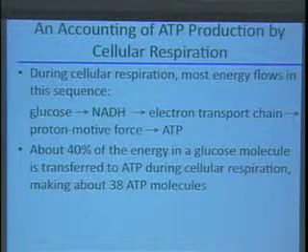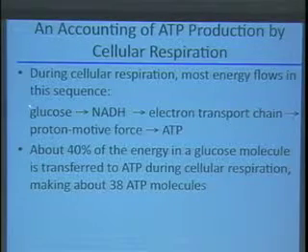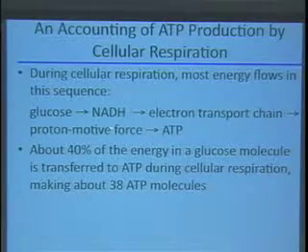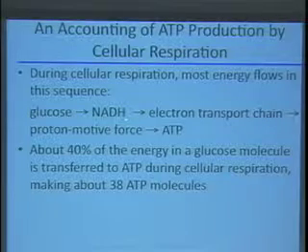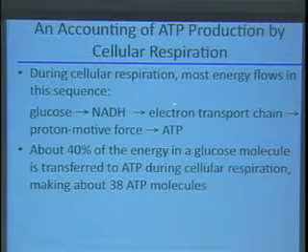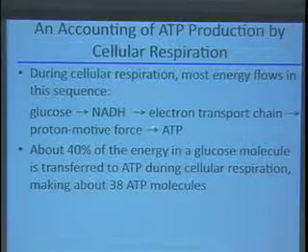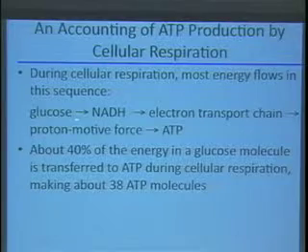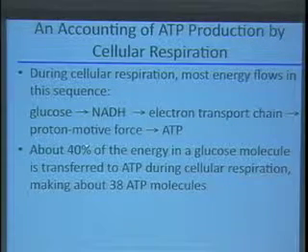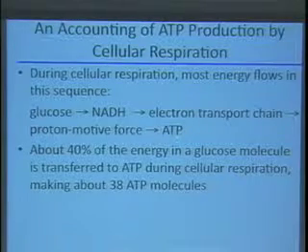So this is the overall set of things that are happening: glucose getting broken down, NADH getting produced, driving the electron transport chain by dumping its electrons into this hand-over-hand pathway that builds up a concentration of protons outside the membrane, producing a proton motive force that drives ATP production.